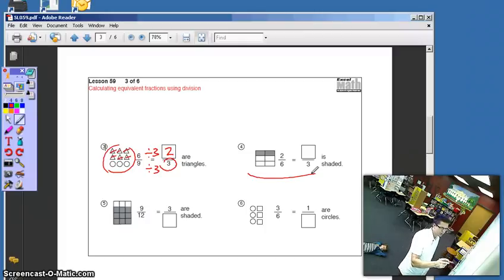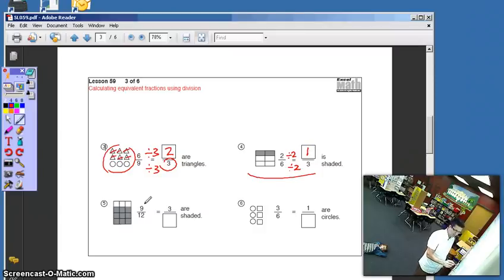So the answer to number 4, 2/6, changing that into thirds, we divide 6 by 2 to get 3. 2 divided by 2 is 1, so the answer is 1/3. Go ahead and do number 5, pause the video, and then turn it back on when you're ready to see the solution.